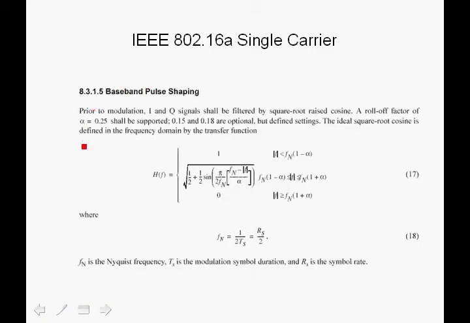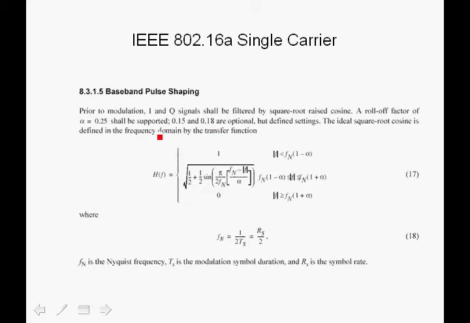So over here we're showing the baseband pulse shaping from 802.16a for a single carrier metropolitan wide area network. In this case we're using a single carrier communication system that can use, for example, a modulation of QPSK or 64 QAM.